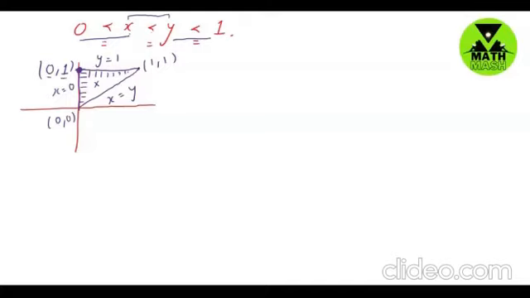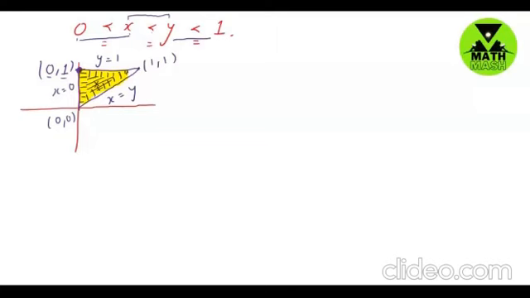Yes, 0 is less than 1. So the region is above the line x is equal to y. This is the common region where the function is defined, that is, 0 is less than x is less than y is less than 1. So where we need to integrate the function, this is the region, the shaded portion.